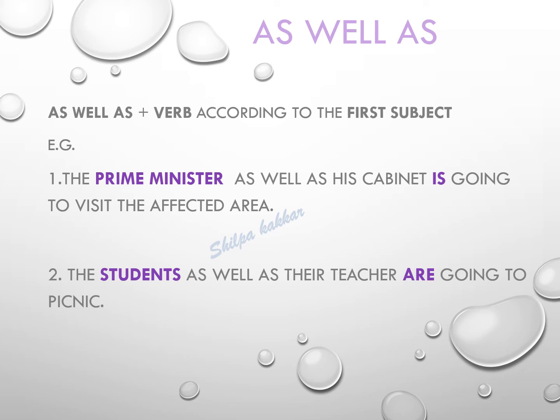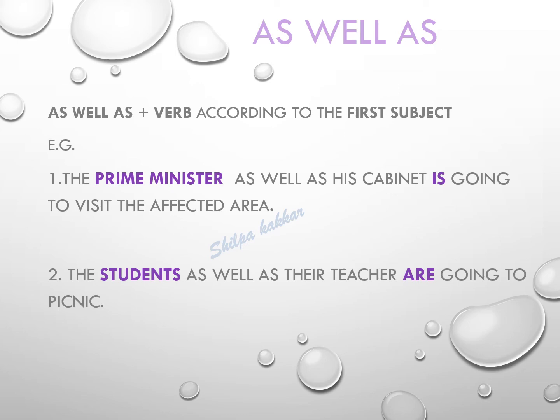The Prime Minister as well as his cabinet is going to visit the affected area. Even though the second subject is plural. But when an as well as sentence is there, we have to keep in mind the first subject in the sentence. Let us take another example.